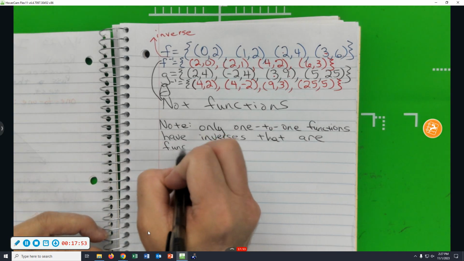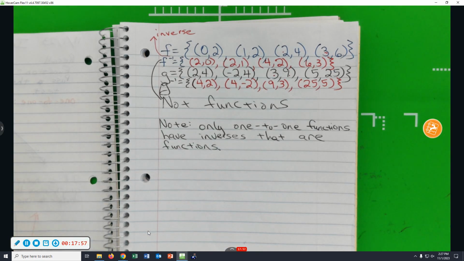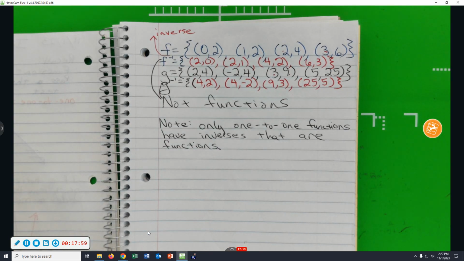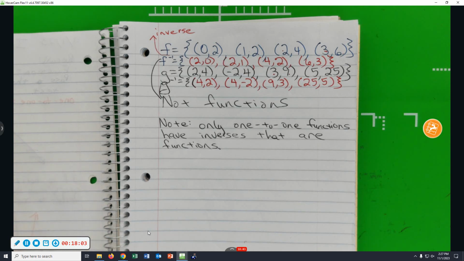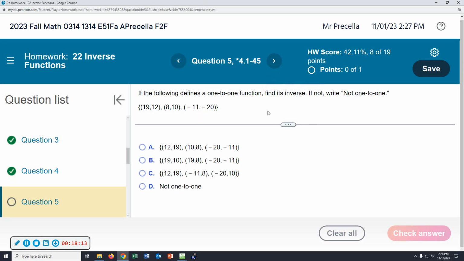From here on in, when they want you to find an inverse, they're going to say, if it's not one-to-one, then they don't want you to find the inverse. To illustrate, looking at number 5: if the following defines a one-to-one function, find its inverse.